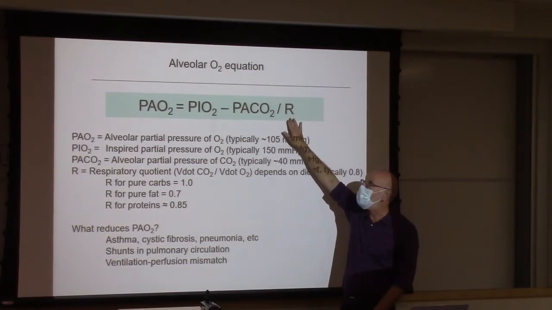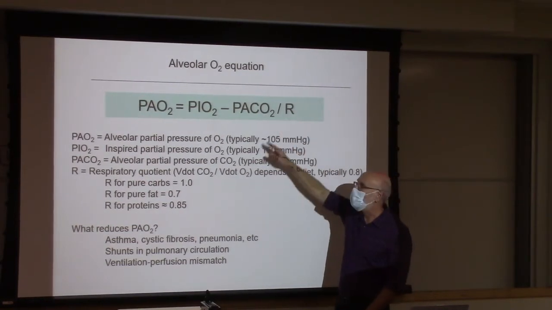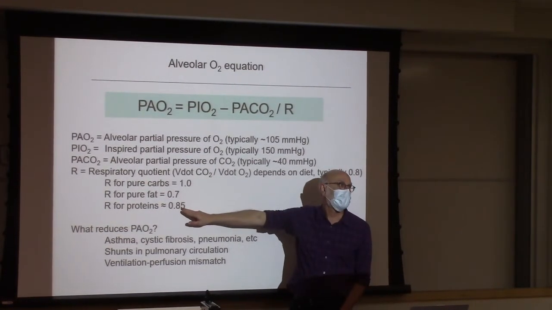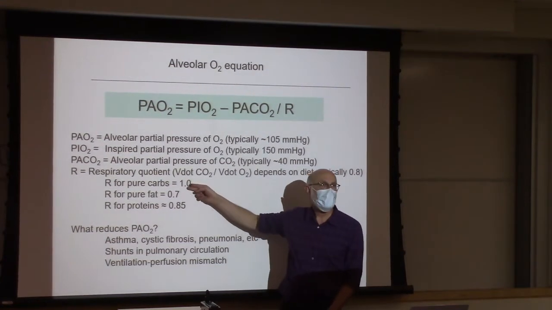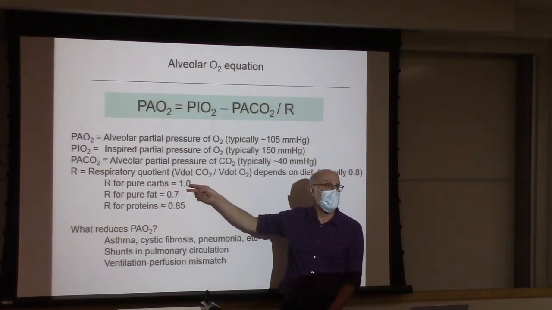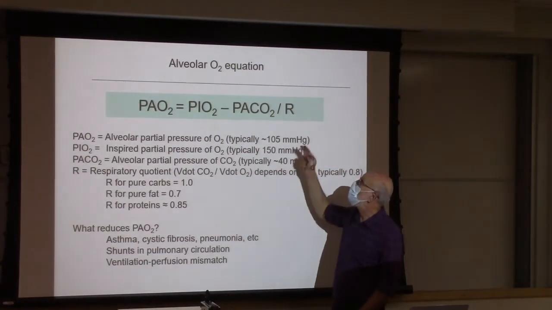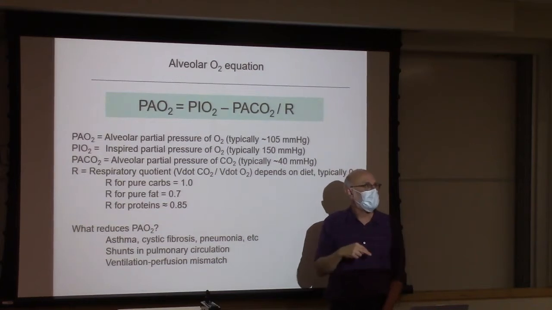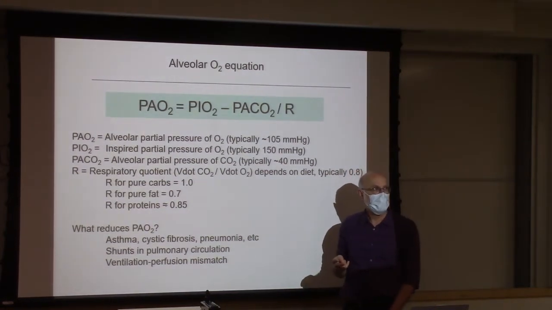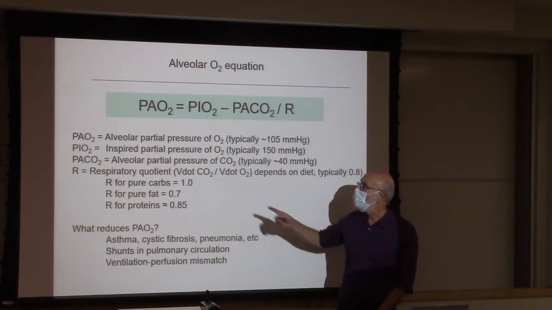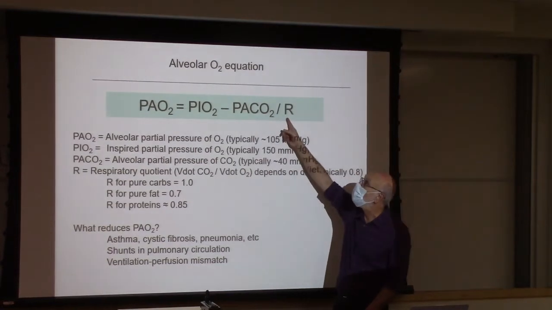And this is a little strange because this number here, the respiratory quotient, depends on what you eat. If you eat a pure carbohydrate diet, it consumes exactly as much oxygen as it produces in carbon dioxide, 1 mole per mole. And so the respiratory quotient, if you eat pure carbohydrates, is 1.